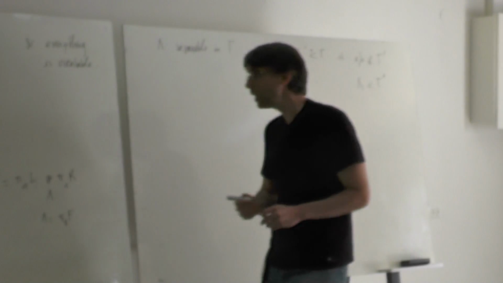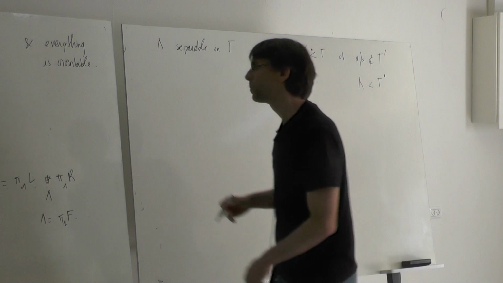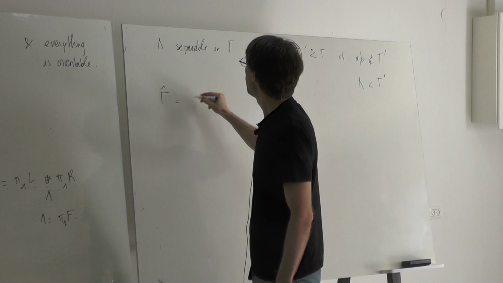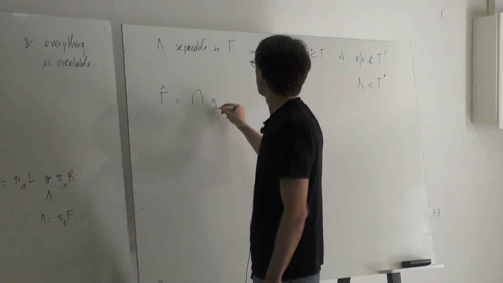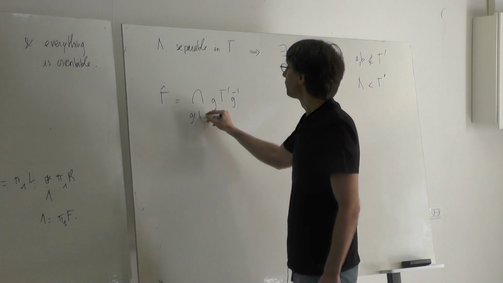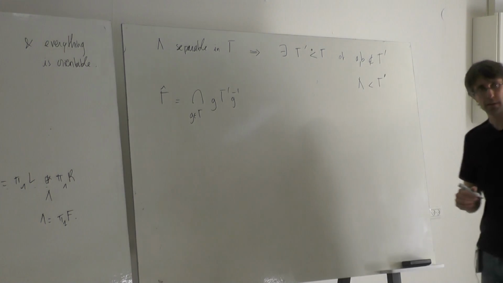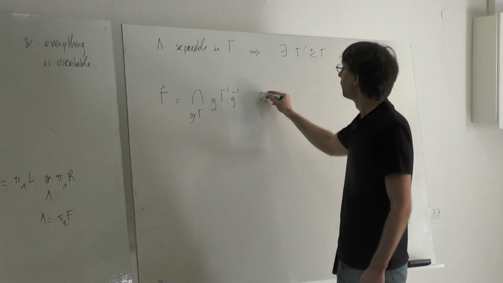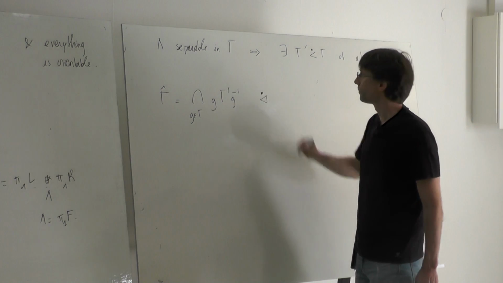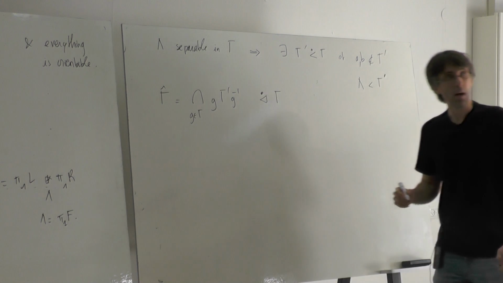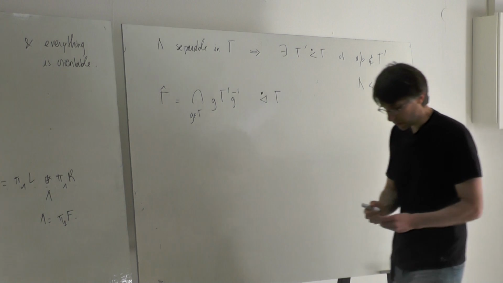Okay, and I want to pass to a Galois cover, so I will let gamma hat be the intersection of all the conjugates of gamma prime in gamma, and this is a finite index normal subgroup of gamma.